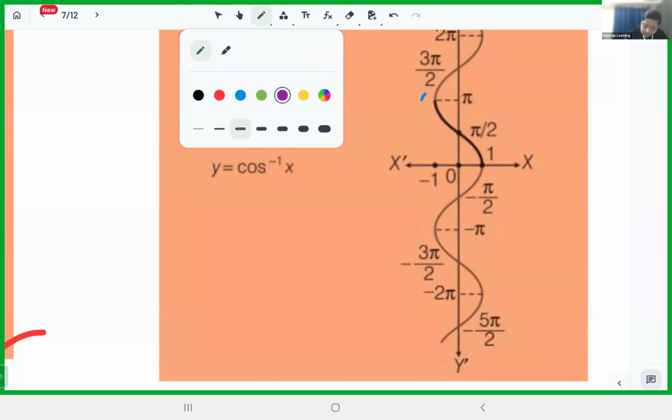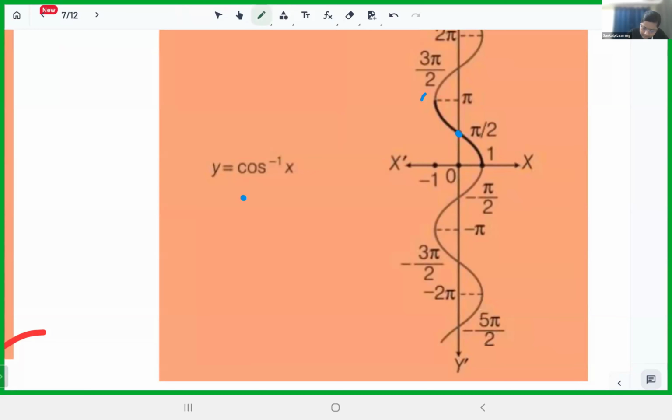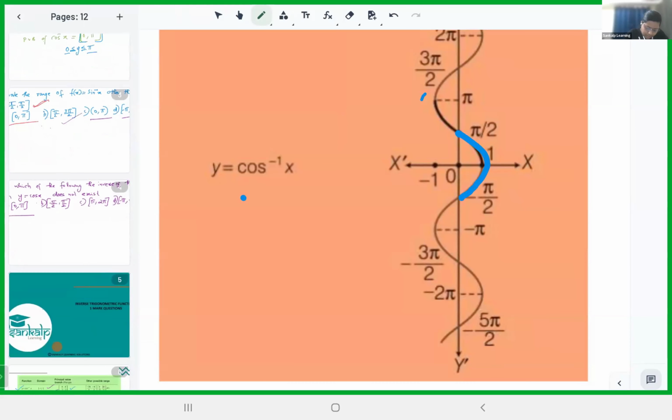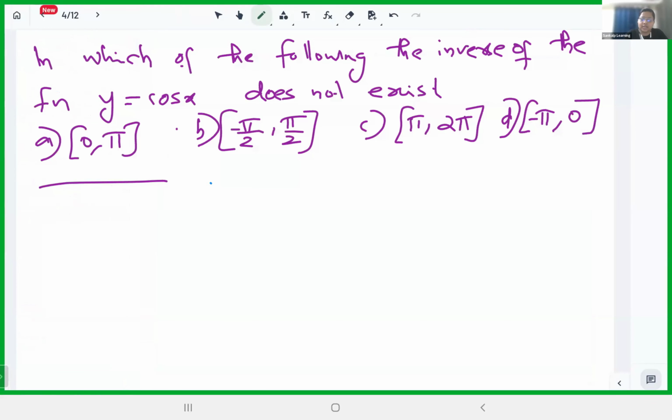Clearly, it is not one-one, so the inverse of cos does not exist in that interval. So we have got the answer: the interval in which the inverse does not exist is minus pi by 2 to pi by 2.